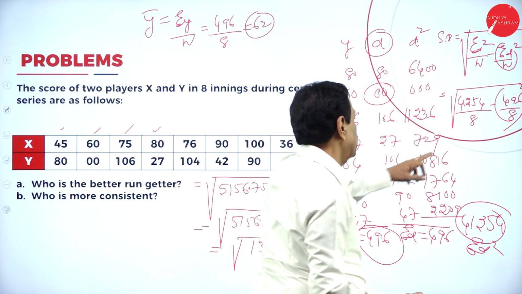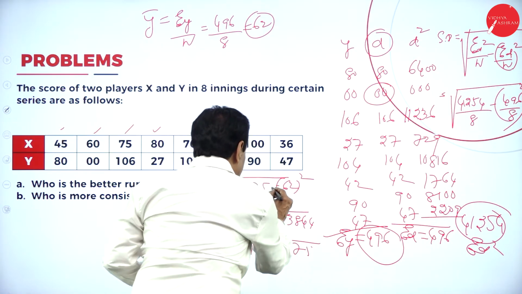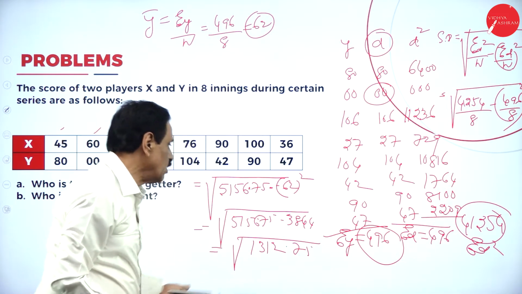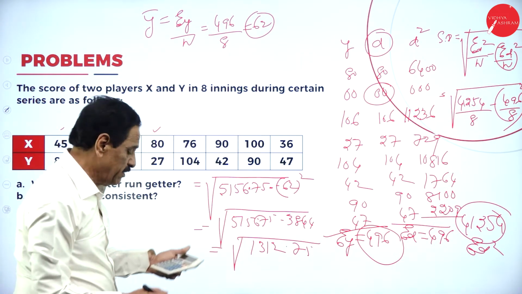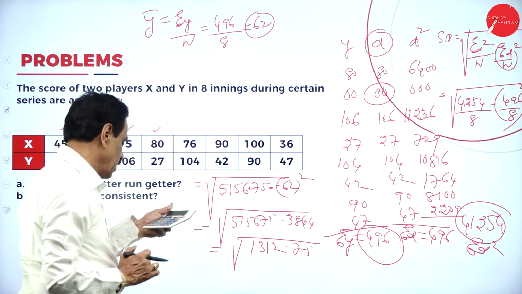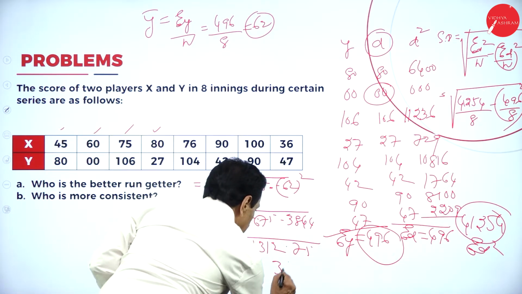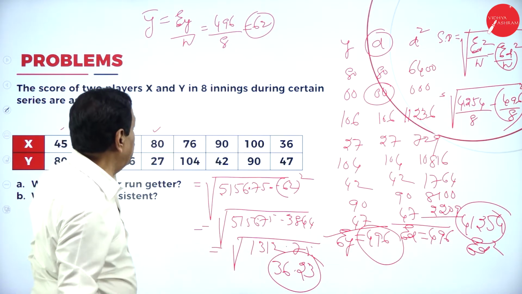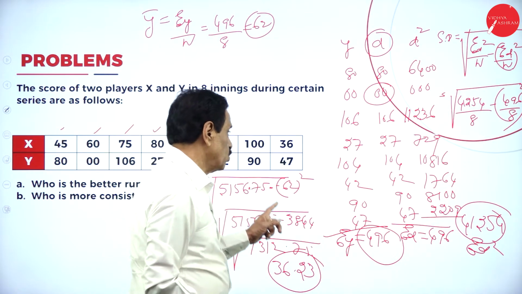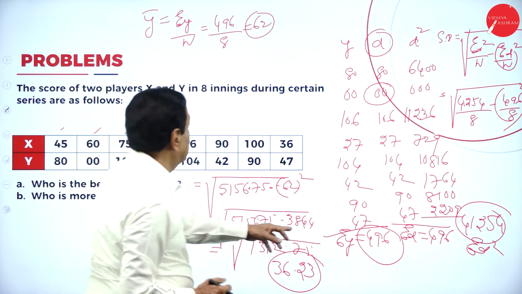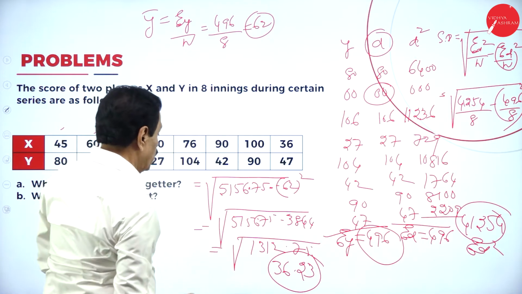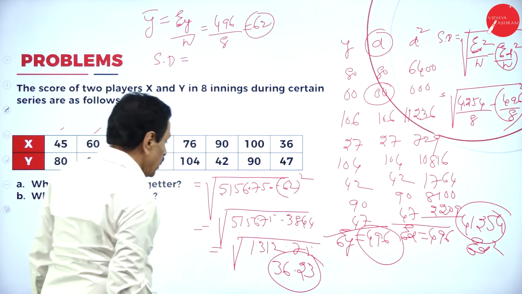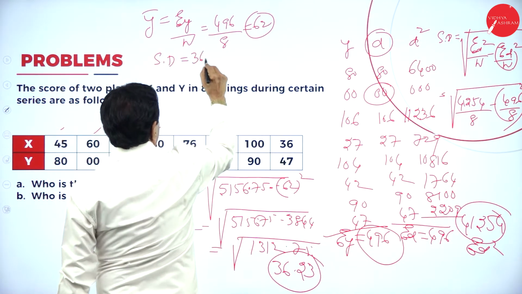This is minus 496 divided by 8, 62 whole square. It will come 3844. If we deduct now, 1312.75 will come. Root of that is 36.23. What is this? It is the standard deviation. Your mean here is 62, and your standard deviation is 36.23.